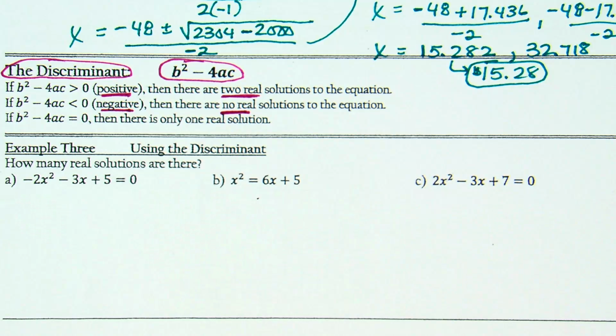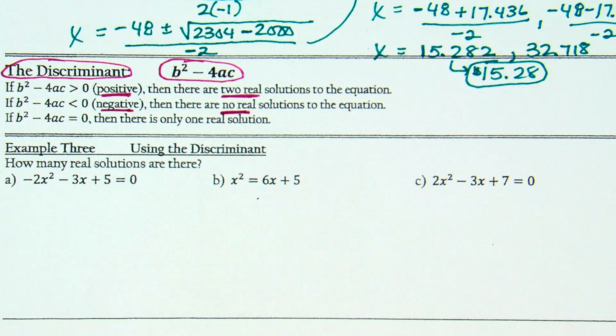Can we do the square root of a negative? No. If I give you something like the square root of negative 6, what's your calculator going to tell you? Error. It's going to say, I'm not going to do that, because the square root of negative 6 results in a non-real number.